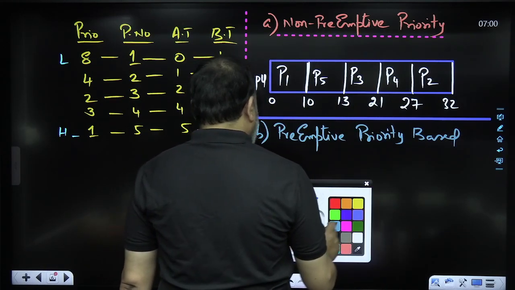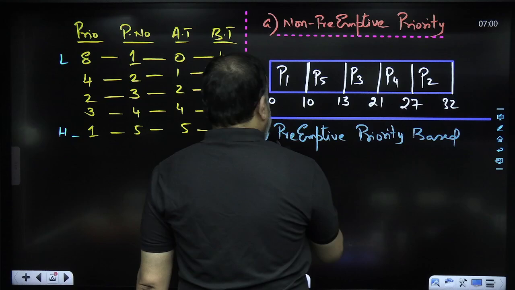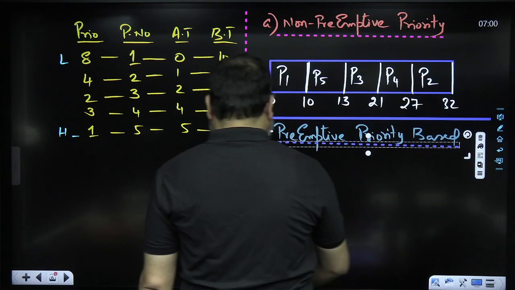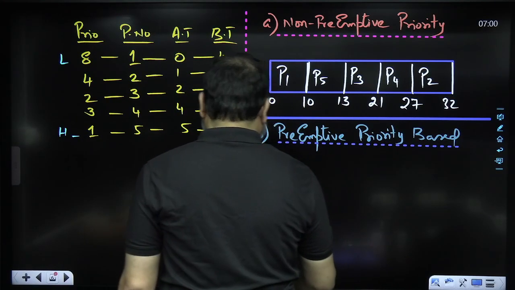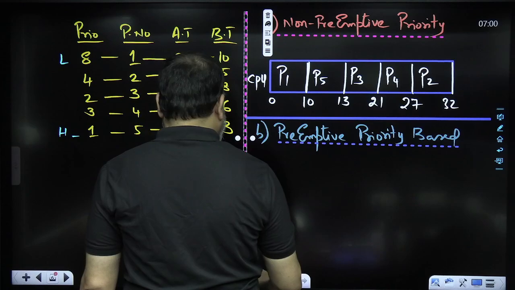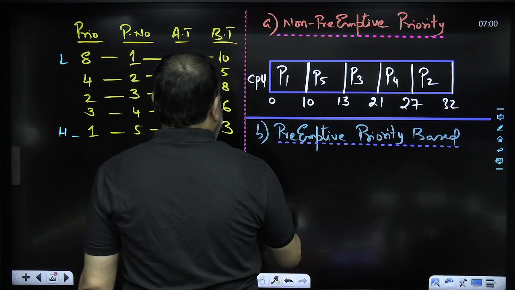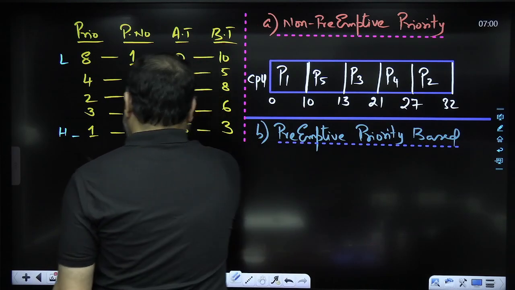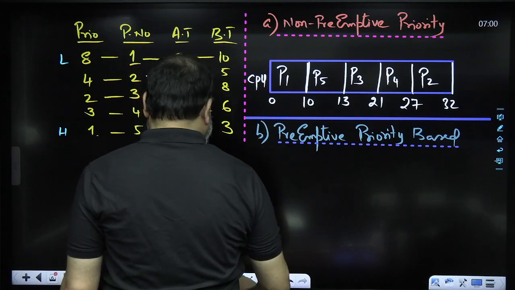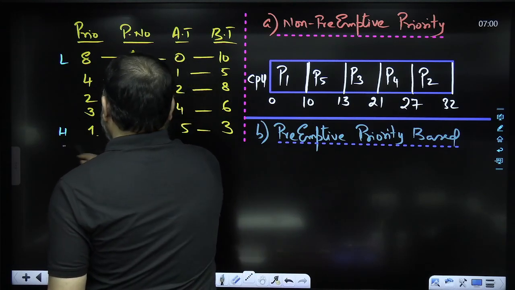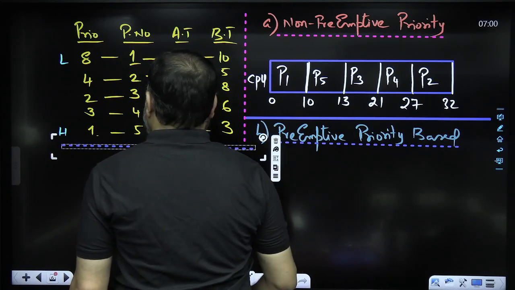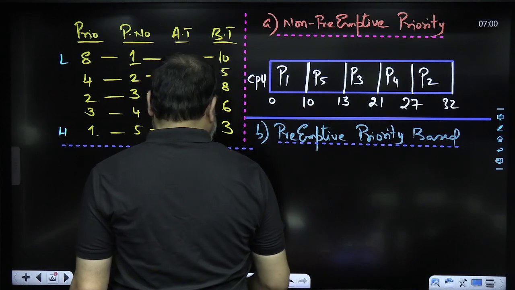So when preemption happens, or how preemption occurs, that is what we have to see. So what I do is I will prepare the Gantt chart. Okay.